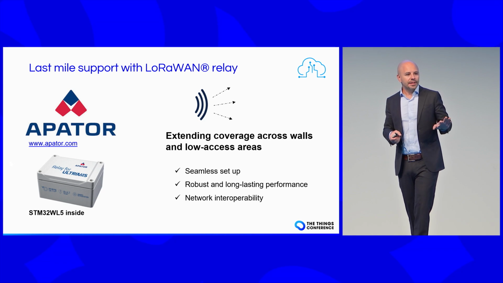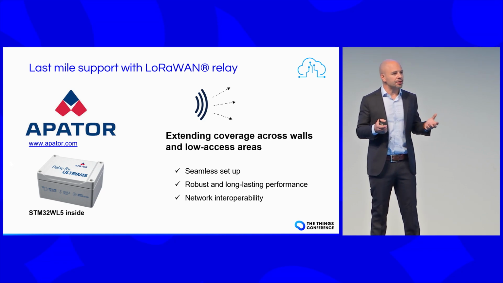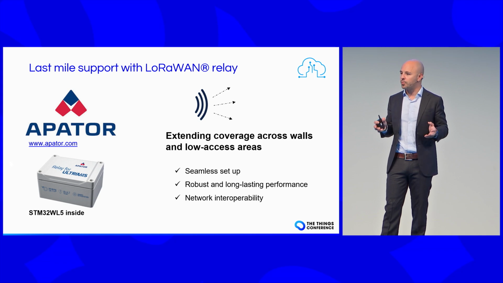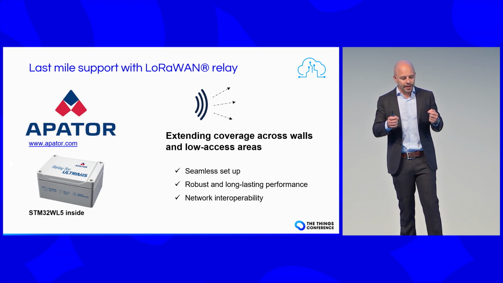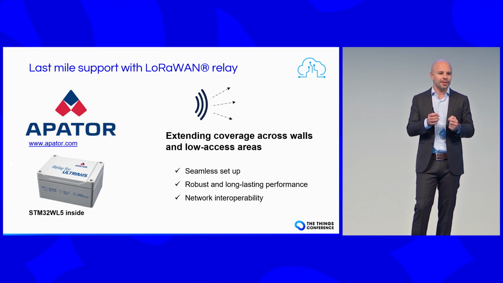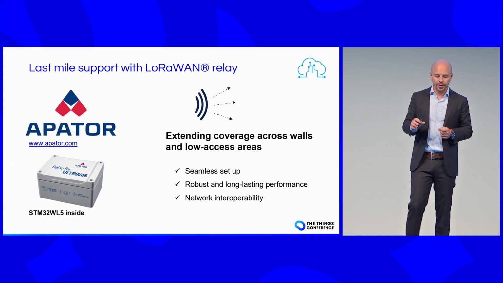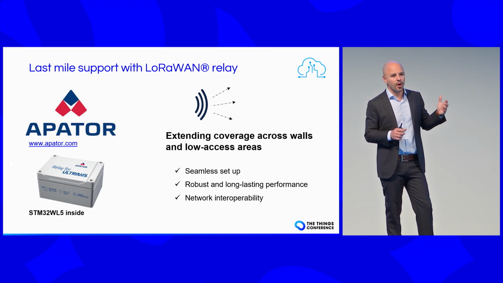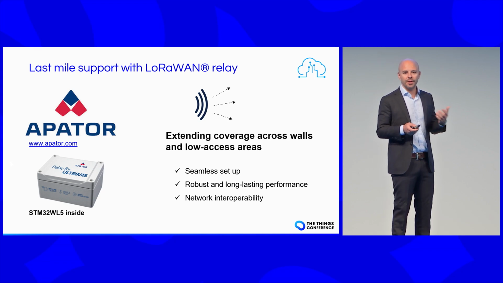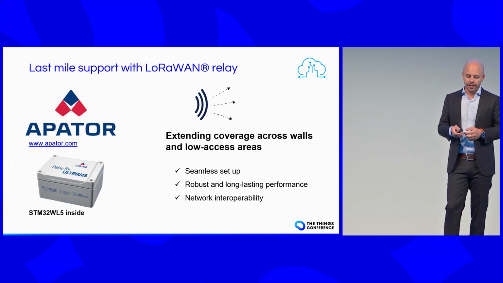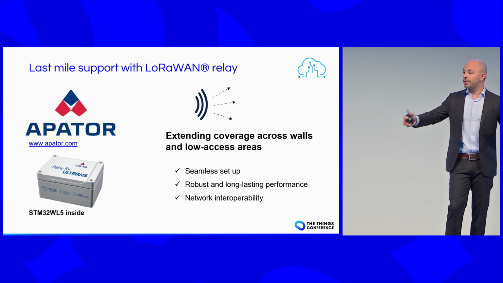Speaking about reliability, companies such as metering companies are responsible for the quality of service they provide. So they need to ensure that each meter is reachable by the gateway. And here, there is an example from our customer, Apator. They created this relay end device that allows extending the network coverage.